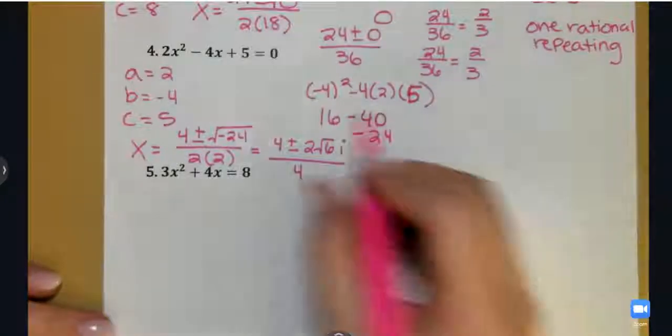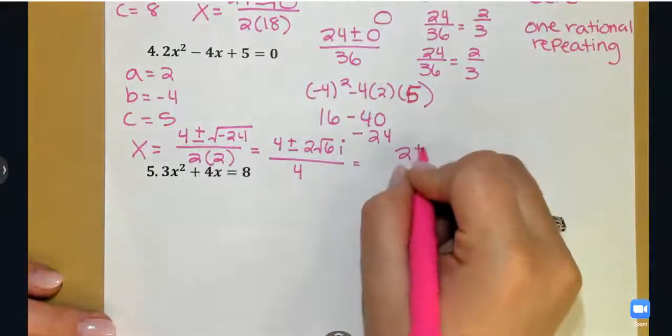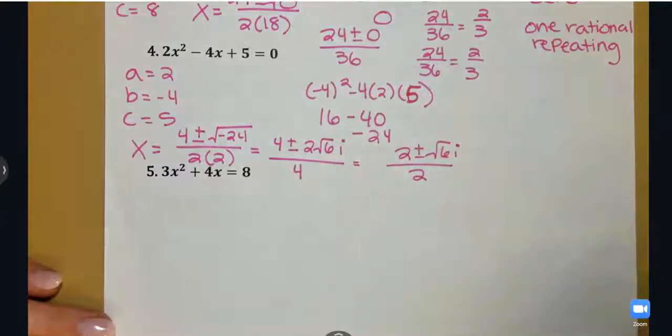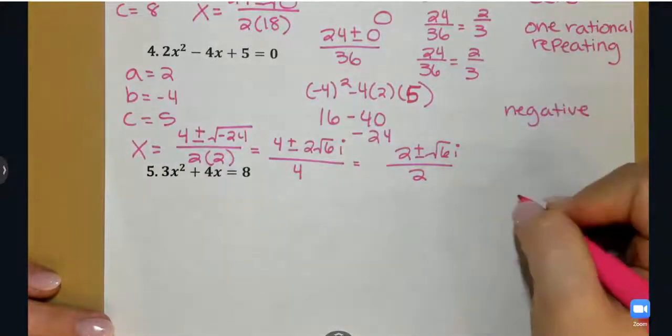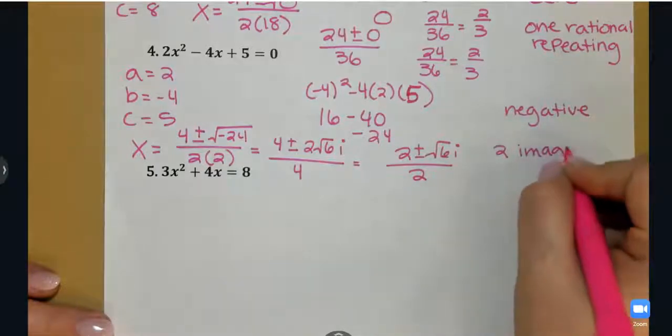And now we can simplify this. 4, 4, and 2 can each be reduced by a factor of 2. So 2 plus or minus the square root of 6i over 2 is going to be our final answer. Now, we had a negative discriminant here, and that gave us 2 imaginary solutions.